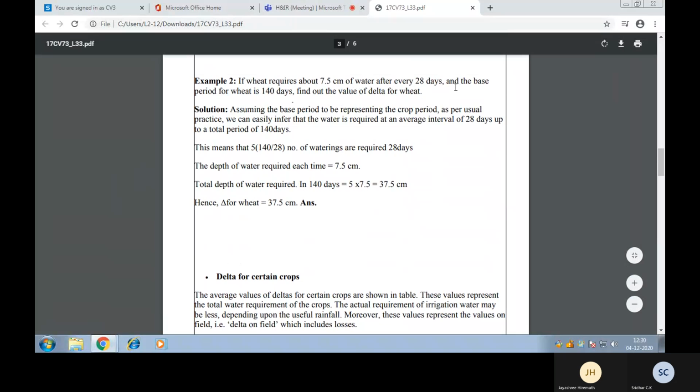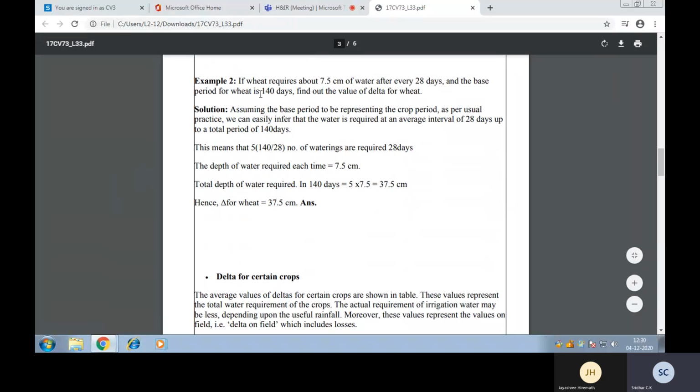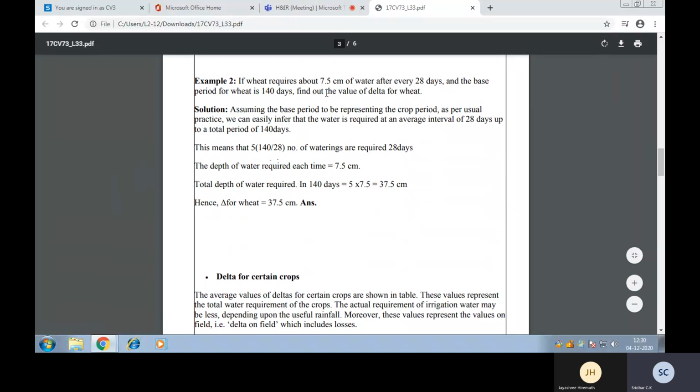Very simple. Here also, once again, the calculation works out the same. So here the total period for the growth of the crop is 140 days, at an interval of 28 days. Therefore, 140 divided by 28 happens to be 5, multiplied by 7.5 centimeters. This is the depth of water for every interval.